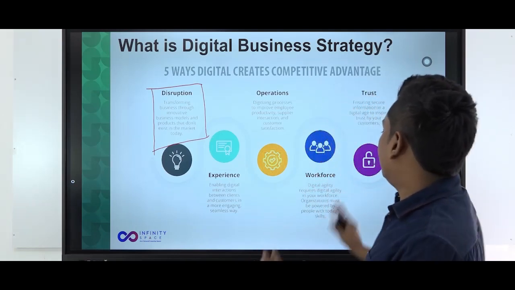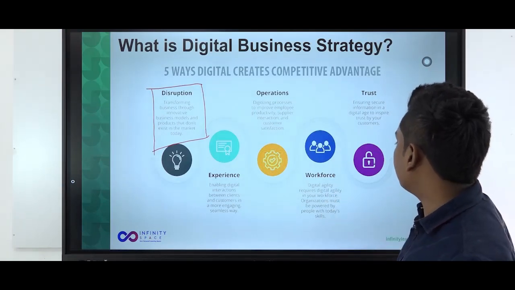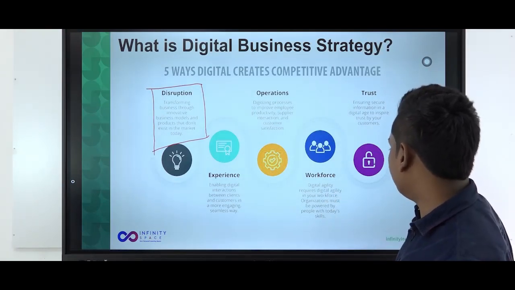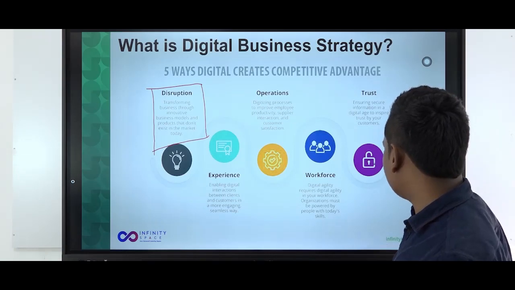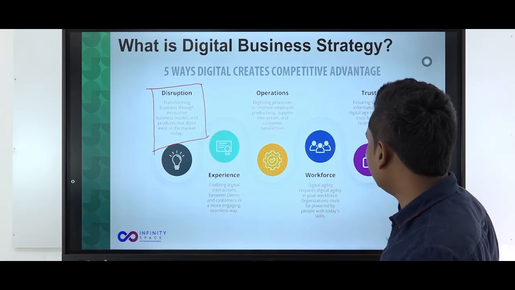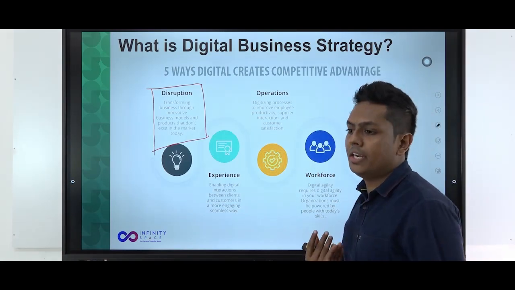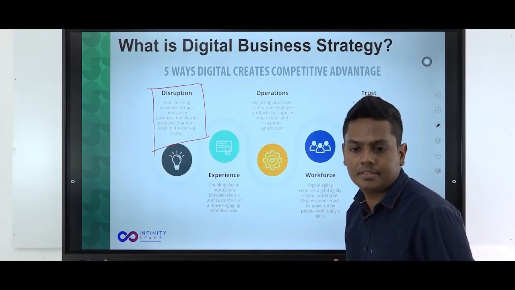Okay, and then the workforce. Digital agility requires digital agility in your workforce. The organization must be powered by people with today's skills. So they need to learn, and you need to give some training as to how to operate.